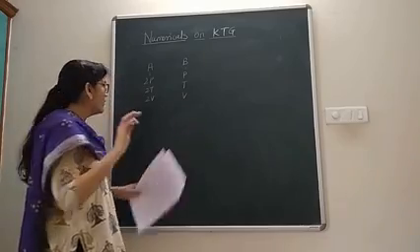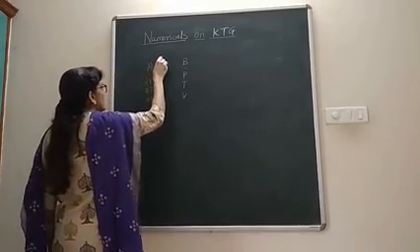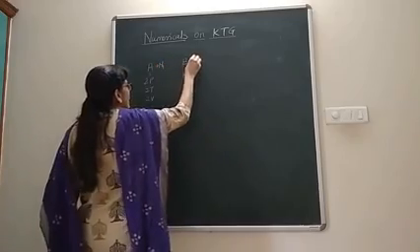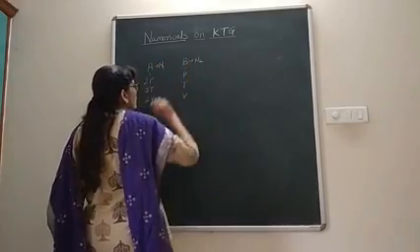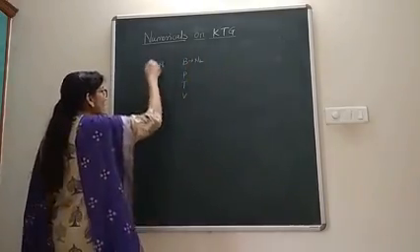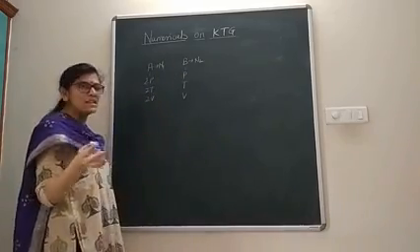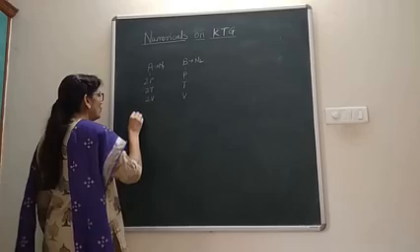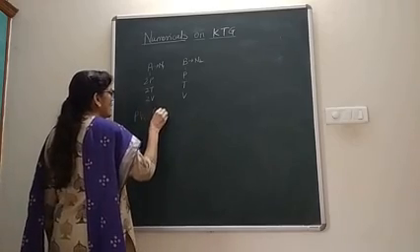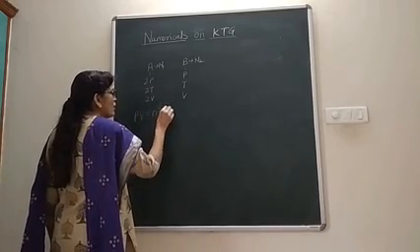Calculate the ratio of number of molecules. Let us consider number of molecules N1 in vessel A and N2 in vessel B. How to relate this? According to the ideal gas equation, PV is equal to nRT, where n stands for number of moles.